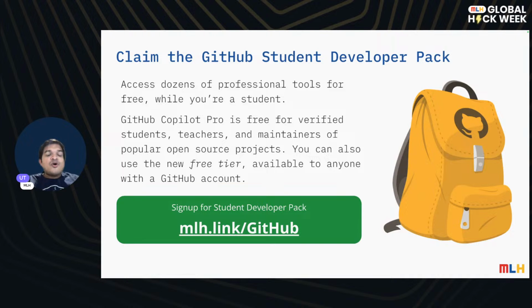But if you want a pro tier or a paid feature for free and you are a student, you are in luck. You can sign up for the GitHub Student Developer Pack and you can get access to GitHub Copilot Pro tier and a lot of other tools that are available via the Student Developer Pack.